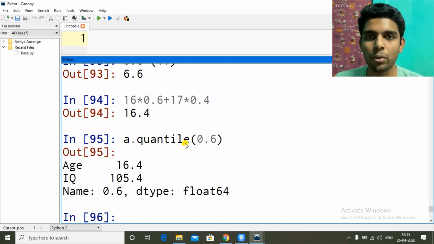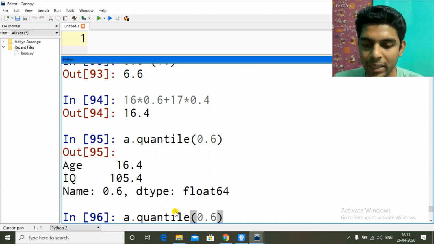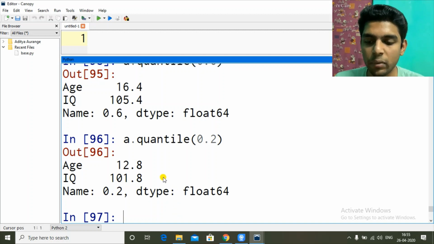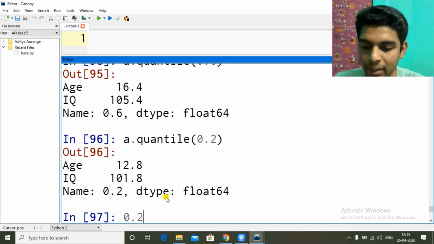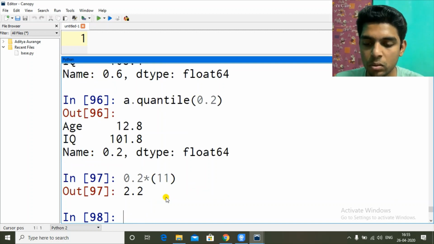So just by looking at this, I came up with this. I thought it may be logical. So let's try to find it at 0.2. Okay. So I get 12.8. So for 0.2, the method is 0.2 star n plus 1. The 2.2th element is my value. So 2.2 is not there.